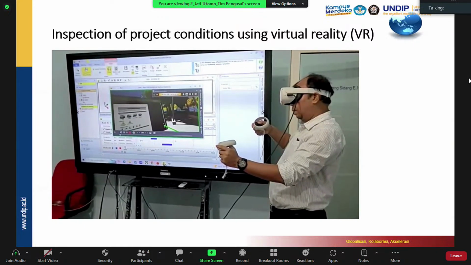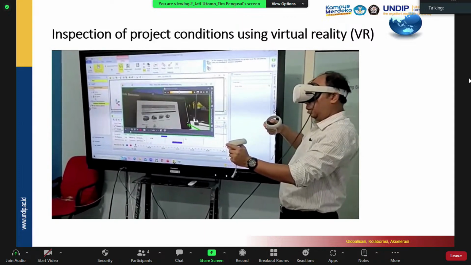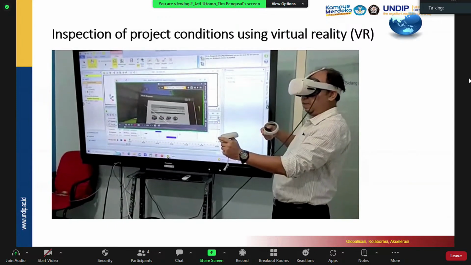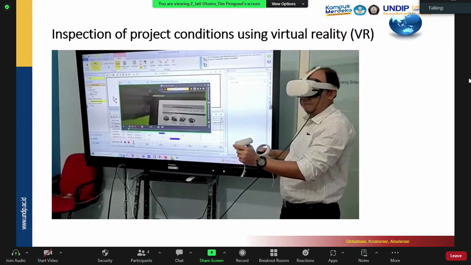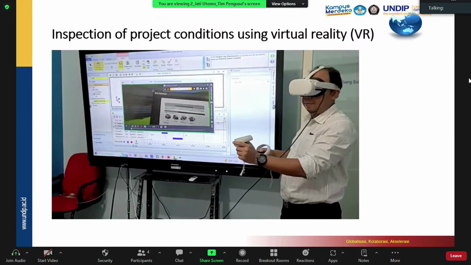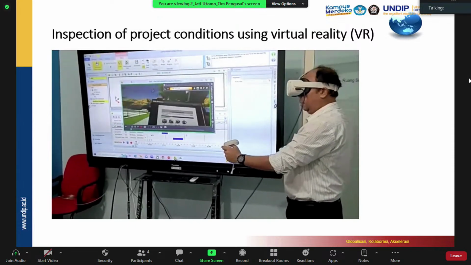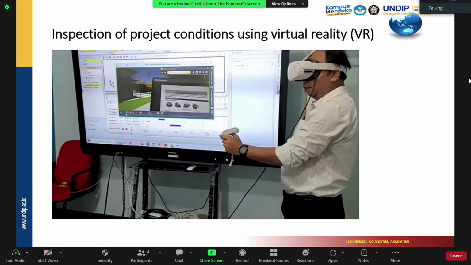For example, students who want to experience virtually the situation in the project, to find the spots which are dangerous to the workers. Instead of going to the project, they can wear this VR headset and try this as their experience. We can also see some truck is moving.